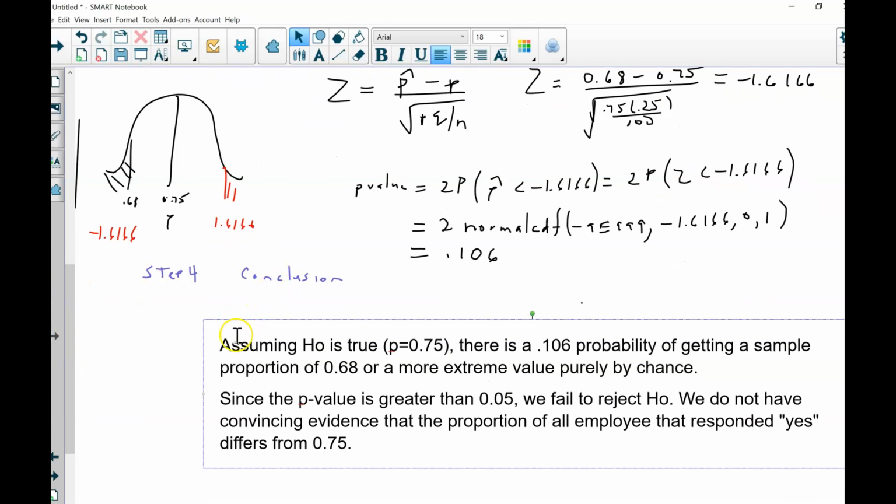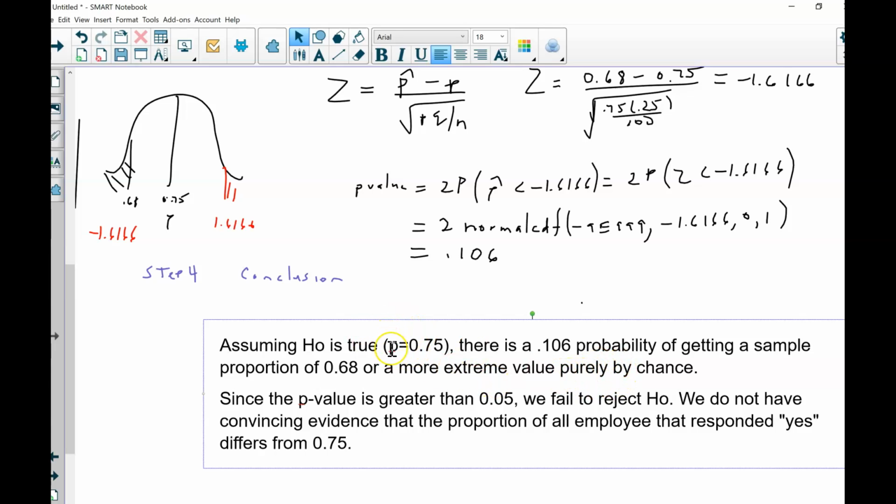So for the first part of step 4, we interpret the p-value, assuming H0 is true. In other words, p is 0.75. There is a 0.106 probability, that's your p-value, of getting a sample proportion of 0.68 or a more extreme value purely by chance.